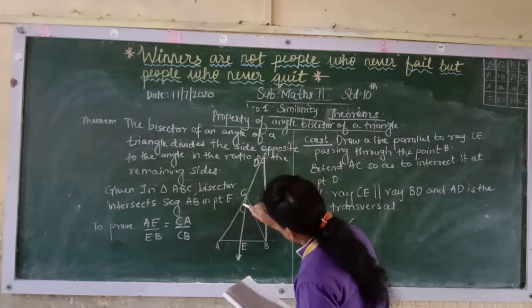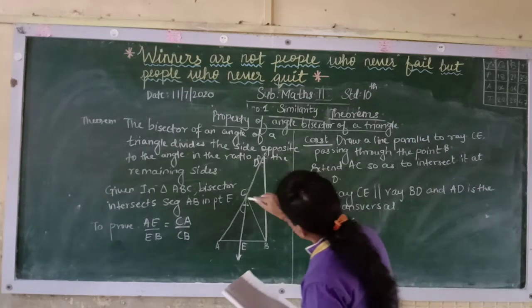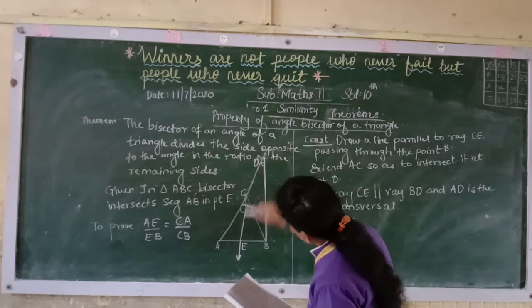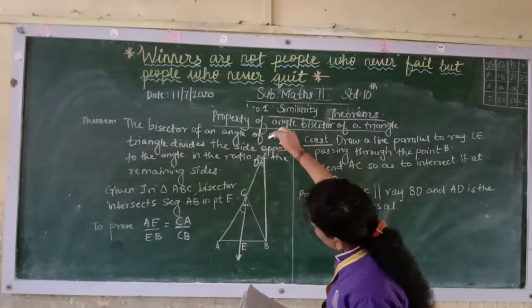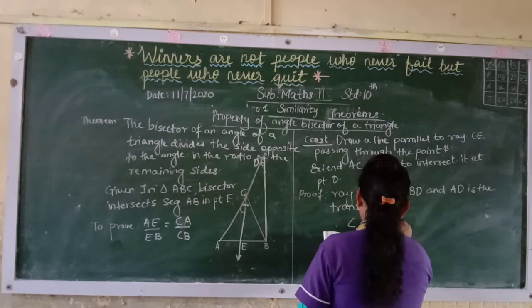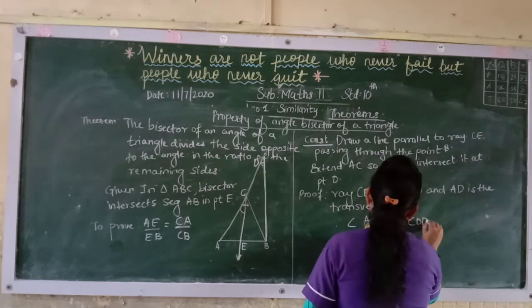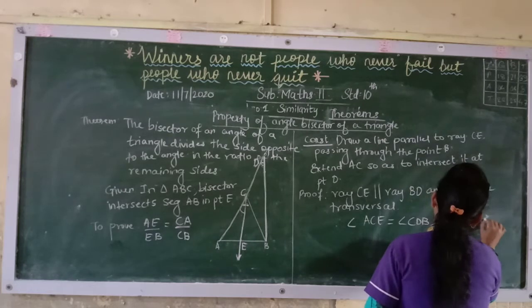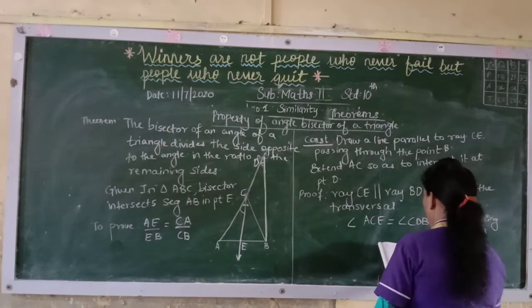Angle ACE, this angle, and angle CDB, this angle, because these are corresponding angles when these two are parallel and this is the transversal. So you will get angle ACE is equal to angle CDB. The reason you will write is corresponding angles. So here you can give it as 1.